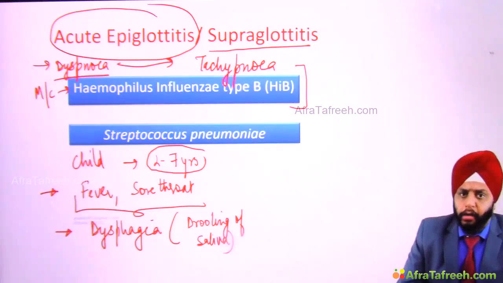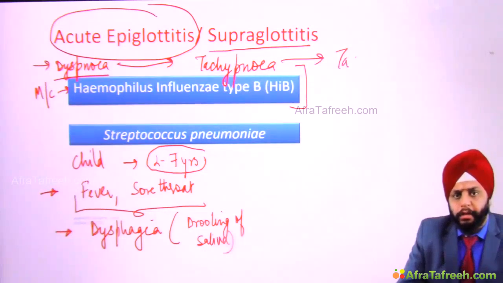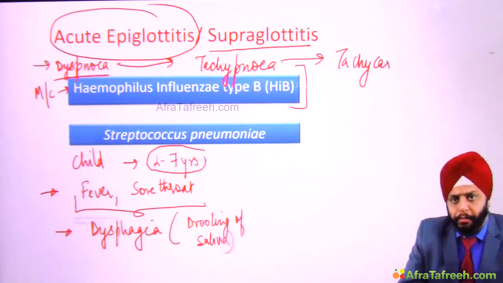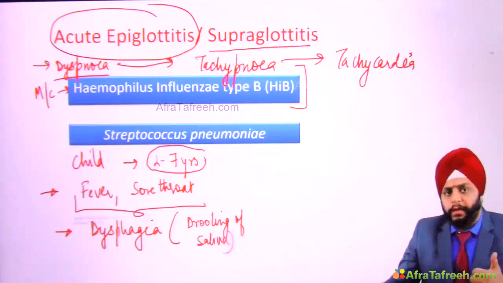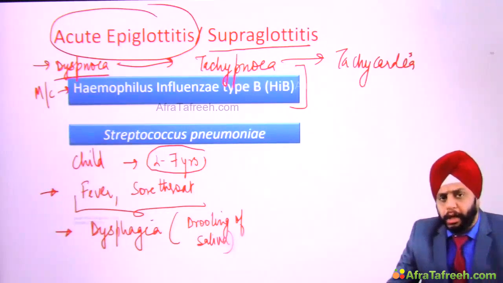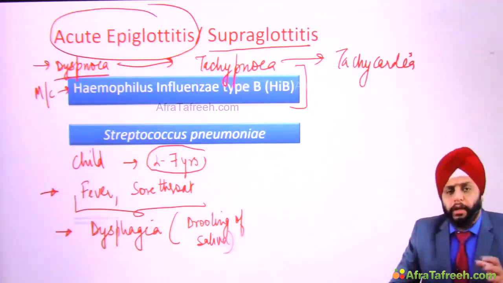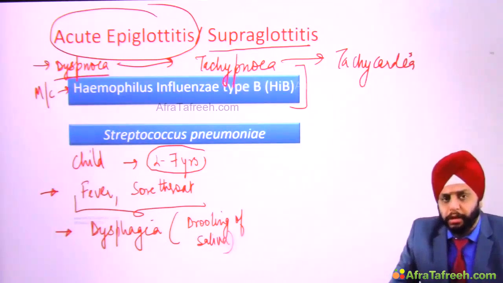Okay, and what else can that lead to? That can even lead to tachycardia. So when you examine this patient, you will see the patient is having dyspnea, tachypnea, tachycardia, and all of this will suddenly raise your suspicion towards acute epiglottitis.